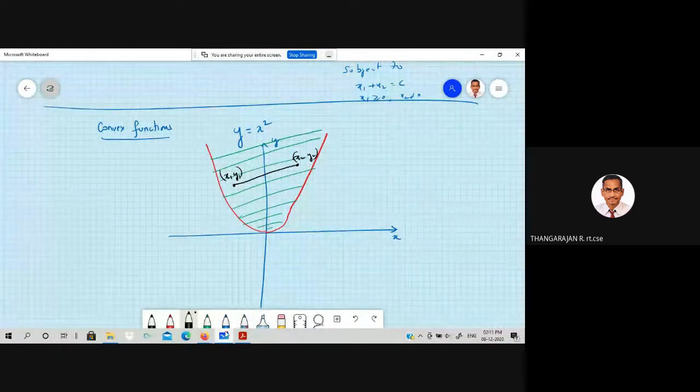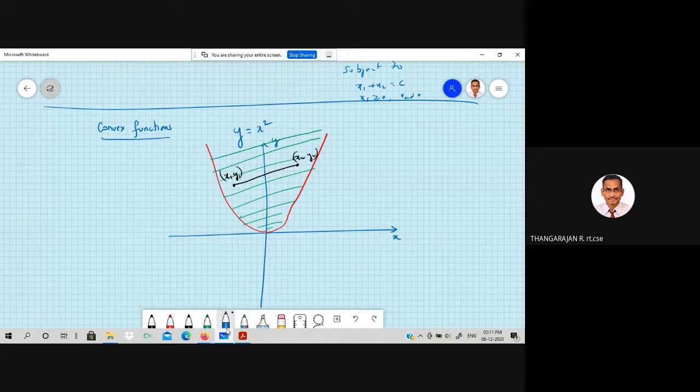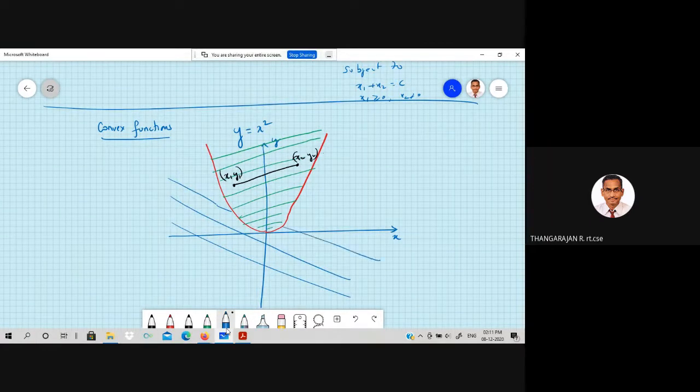Now, for a change, you take this region. This region is not a convex region. Why? Because you take a point here, you take another point here. I will say this x1 dash, y1 dash, another point here, x2 dash, y2 dash.